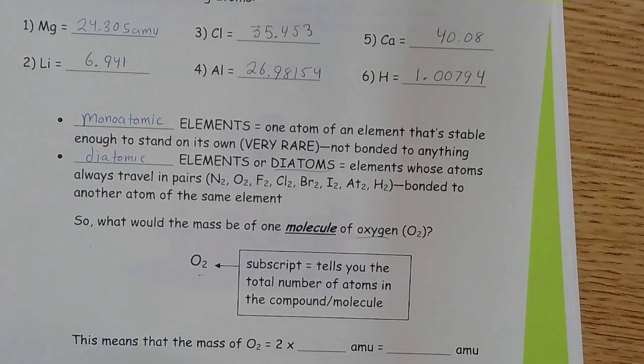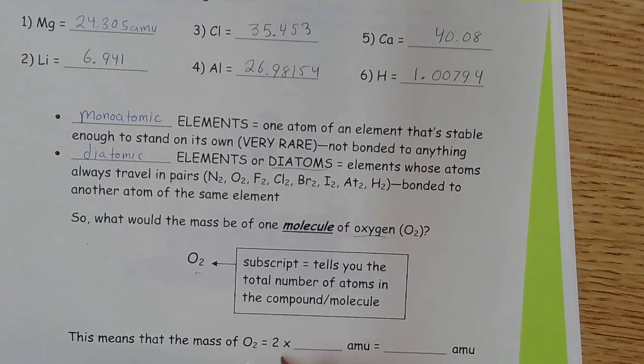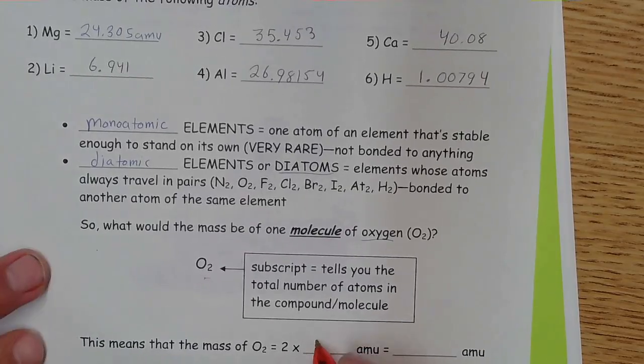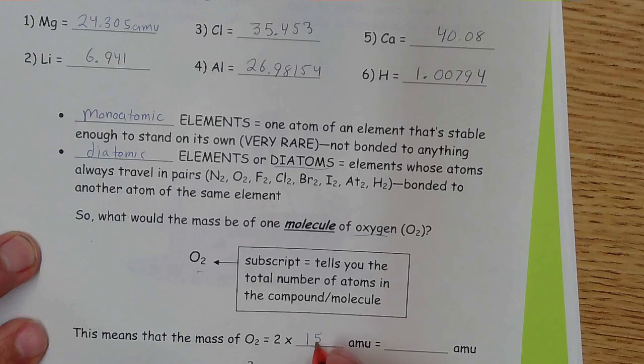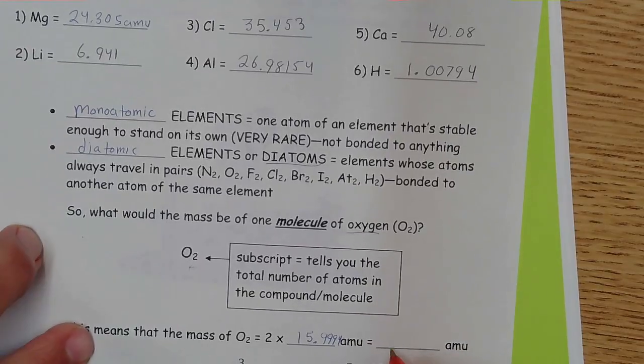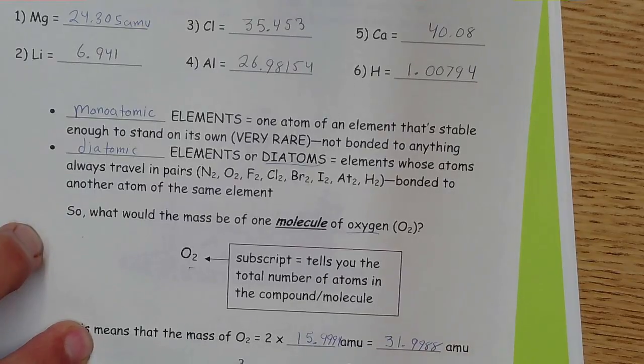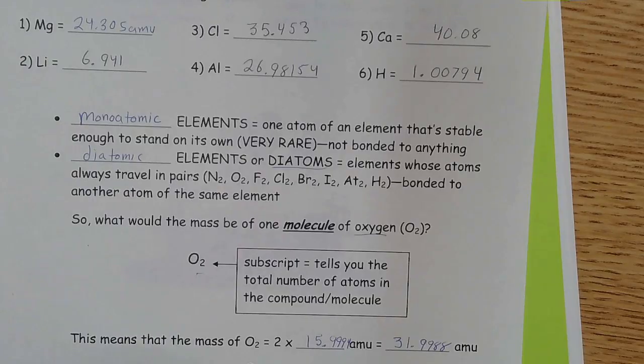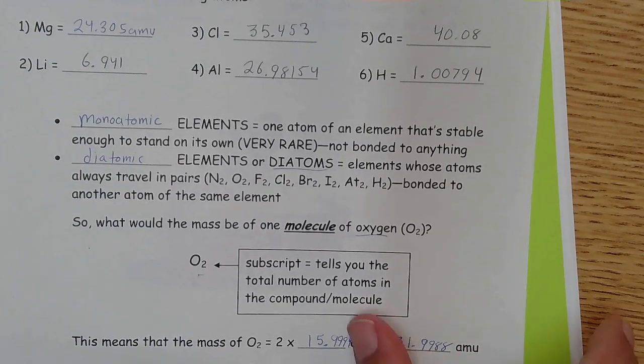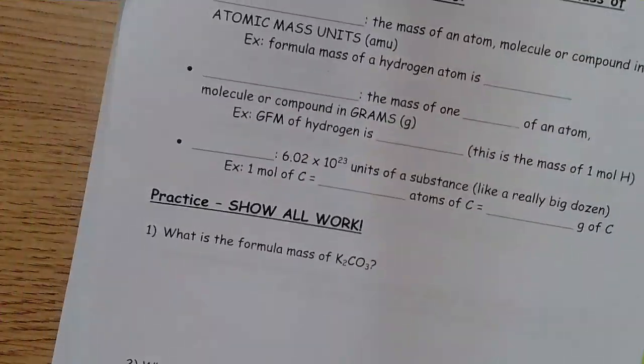That means what we need to do is take 1 atom of oxygen and find its mass, which is 15.9949994, and then double that, which is 31.9988, I believe. All right, and so that's how we calculate the atomic mass and add the atoms. So 2 oxygens weigh that much.